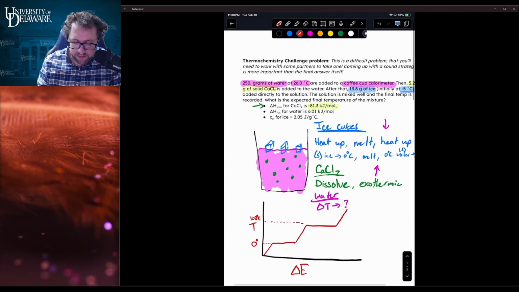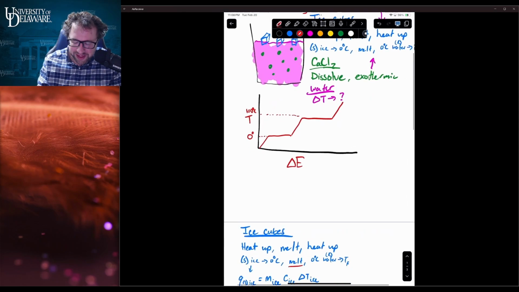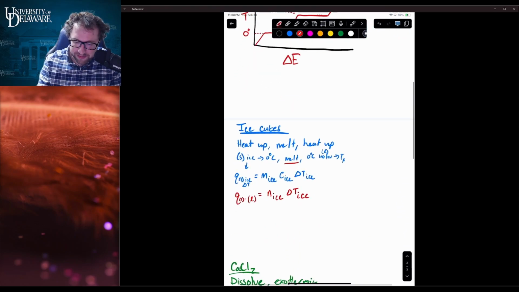One thing I am going to be careful of is that all of these values, or at least these two values, are per mole and this one's per gram. So I'm just going to use those as they pop up. Notice that this is the mass because we're given that in grams. This is the moles because we're given that in moles.